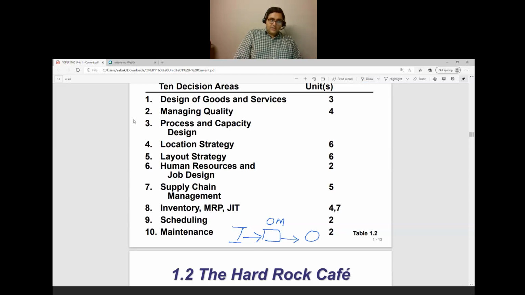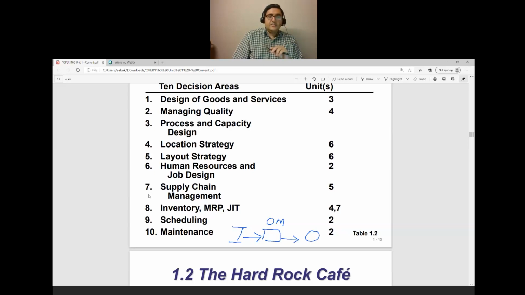There could be multiple things which can happen inside this. It can be the design of goods and services, it can be managing the quality, or it can be process design, and so on. There are multiple decisions which can happen inside that small block diagram, which you will be seeing in detail. These 10 areas are called the operations management decision areas, which we will be seeing a little bit in this course.